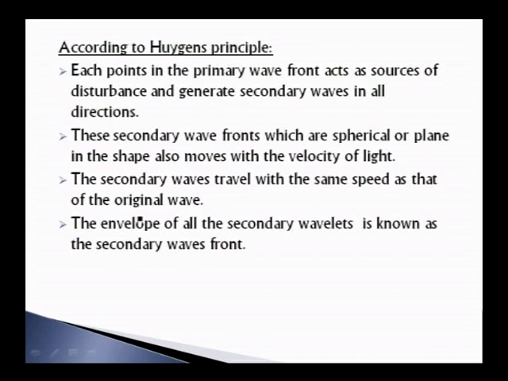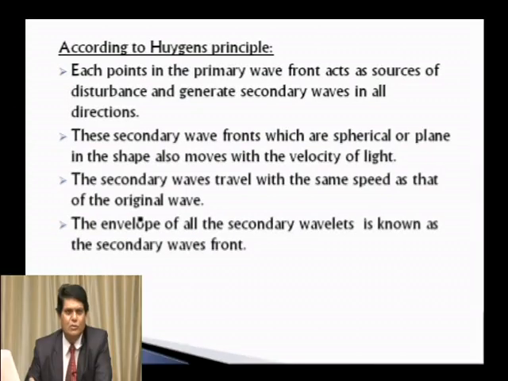So he says that each and every point in the primary wavefront acts as a source of disturbance. As a result, in turn it generates secondary waves in all directions. Further, he says that the secondary wavefronts, which are spherical or plane in shape, always move with the velocity of light.